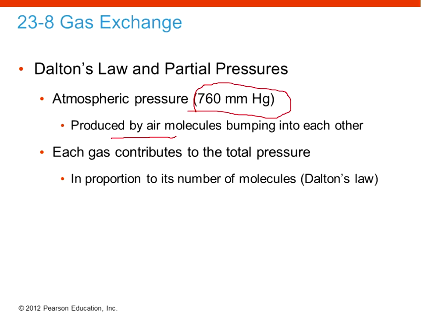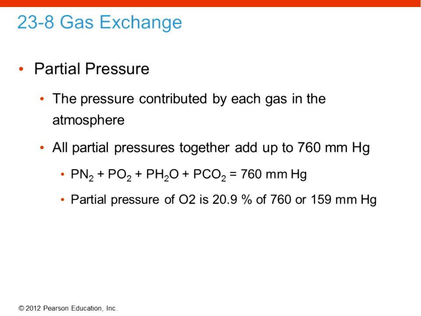That is produced by all these different air molecules from these different components bumping into one another. And so each gas, like nitrogen and oxygen and other components, contributes to that total pressure in proportion to its number of molecules. That's Dalton's law, okay?